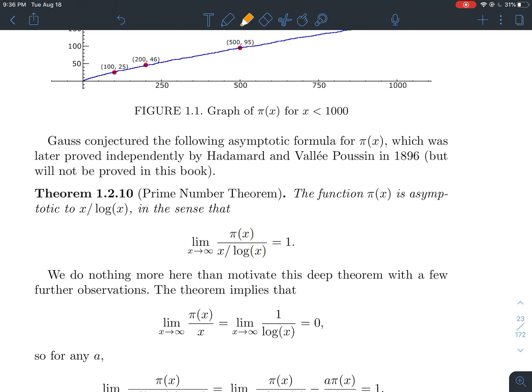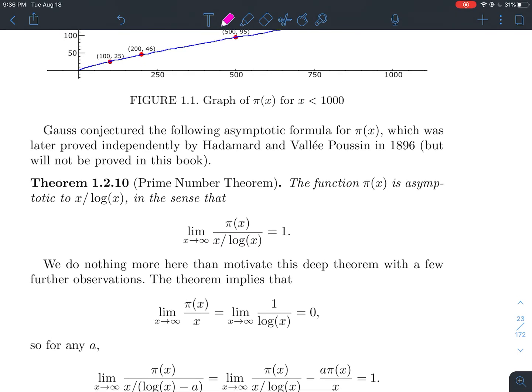And so another way to interpret that is that for large enough values of x, if you wanted to know the number of primes less than or equal to x, you could just figure out what is x divided by log of x, and that would give you a really good estimate of how many primes are less than x. So in particular, if you wanted to know how many primes are less than 1,000,000, a really good estimate would be 1,000,000 divided by log of 1 million.